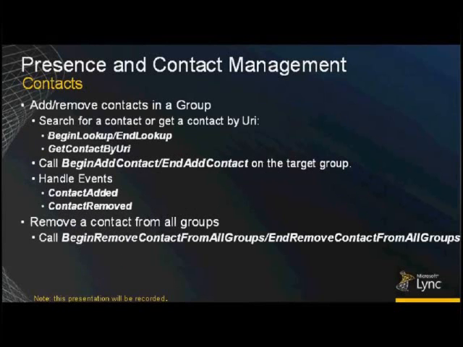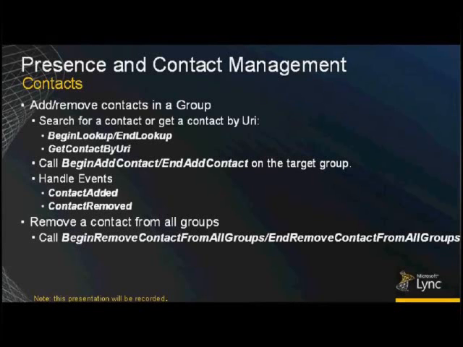For contacts, you can add and remove contacts in the group. In order to do that, first you need to find the contact. There are usually 2 ways to find the contact. You can do begin lookup and lookup to find the contact, to resolve the contact from the server, or just get the contact by URI. You can just use the URI to get the contact immediately. So once you get the contact, you can begin add contact on the target group.